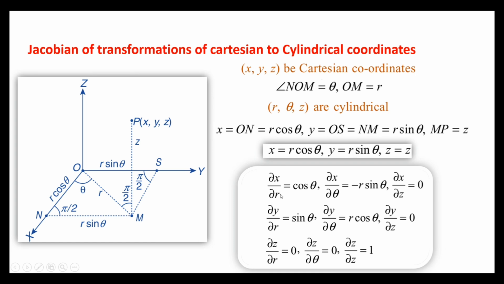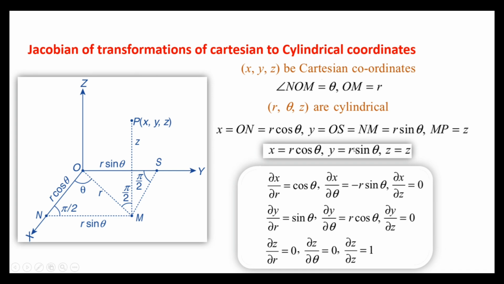Differentiate partially with respect to r, theta and z. Dou x by dou r becomes cos theta while theta is constant. Dou x by dou theta is negative r sin theta while r is constant. Dou x by dou z is equal to 0 while r and theta are constants. Dou y by dou r is sin theta while theta is constant.